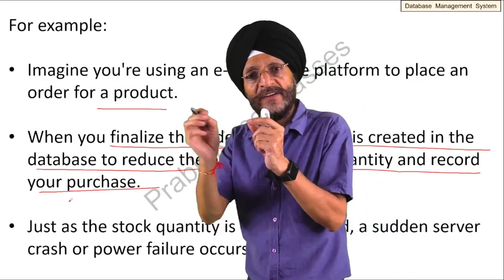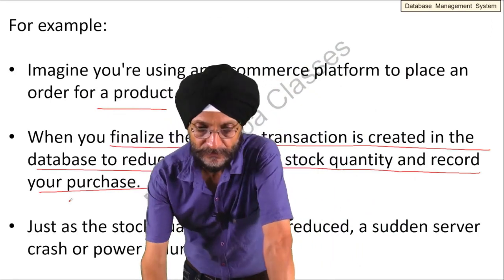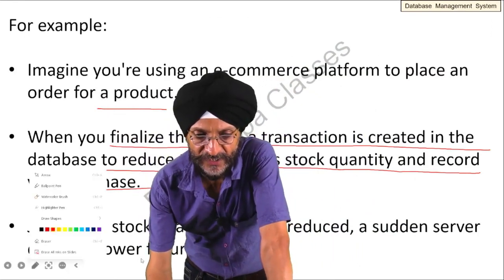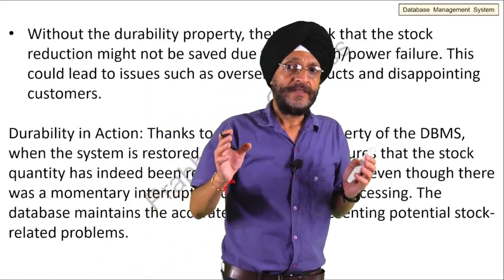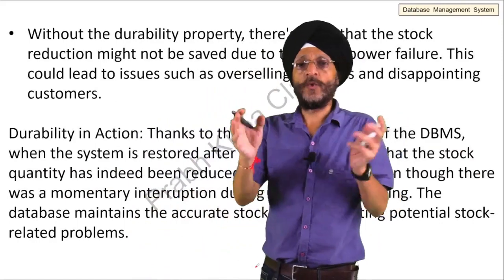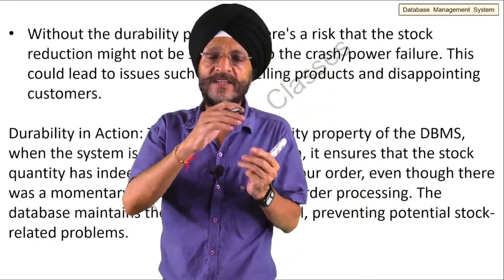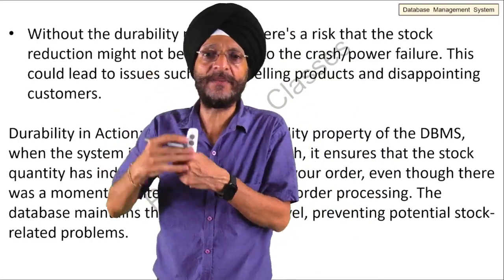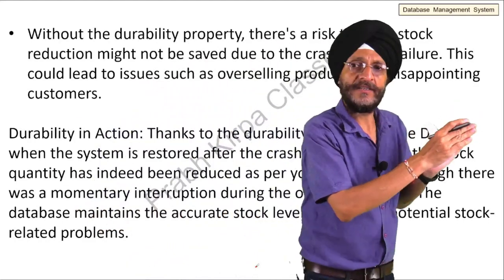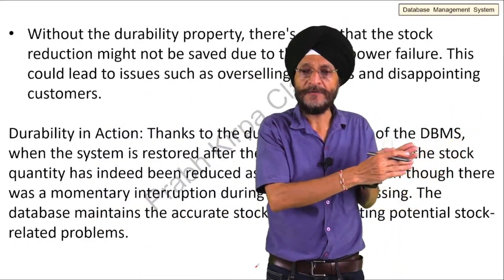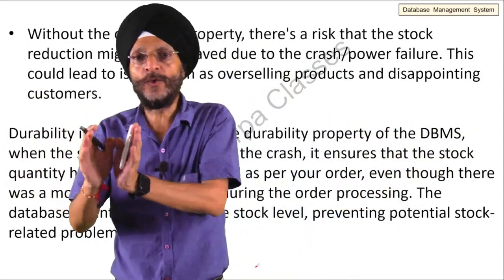So when the inventory was to be updated, the power goes off or a sudden server crash occurs. If there was no durability property in DBMS, that is, no ACID property of durability, it would have been possible that the order was confirmed to the client and at the same time the inventory level might not have been reduced.